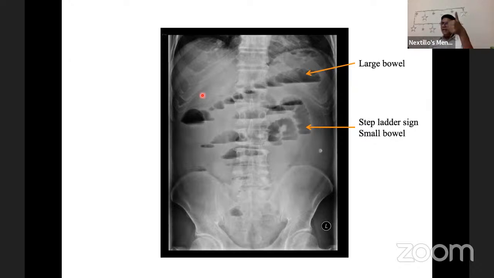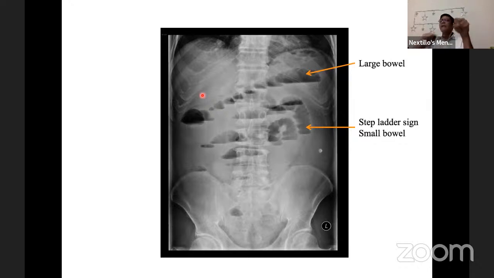Clinically, we have pain, nausea, vomiting, distension. Small intestine, pain is colicky. Large intestine, pain is mild. Nausea and vomiting, the more proximal we move, the more is nausea and vomiting. As we keep on moving distally, distension increases. Large bowel, distension is prominent, pain is less, nausea and vomiting is less.